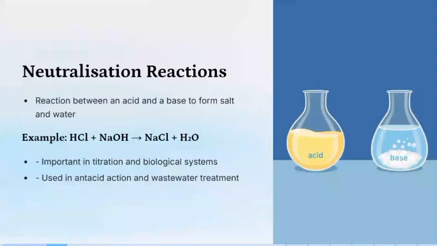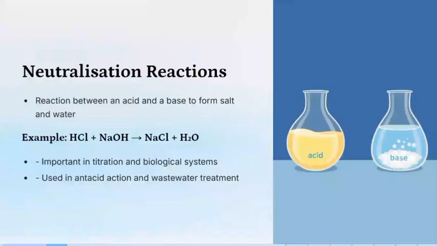So before I leave neutralization reaction, I would like to explain what happens, at a basic level. In a neutralization reaction, hydrogen from the acid breaks off and pairs with the hydroxide ion from the base.